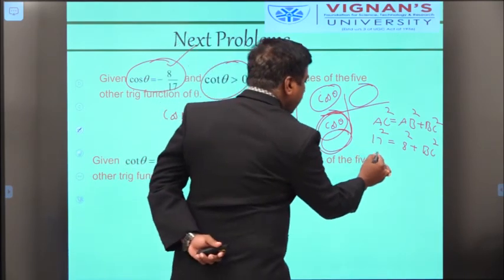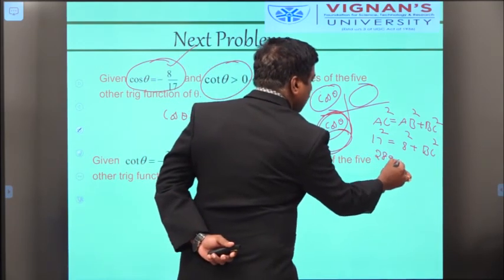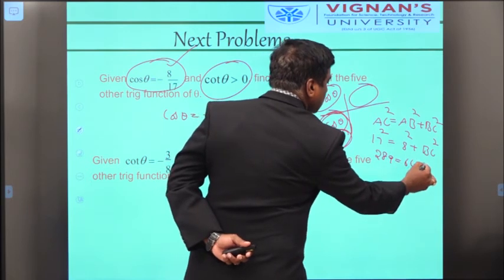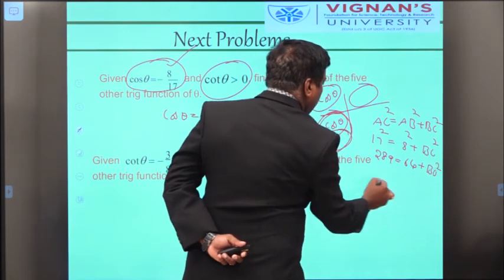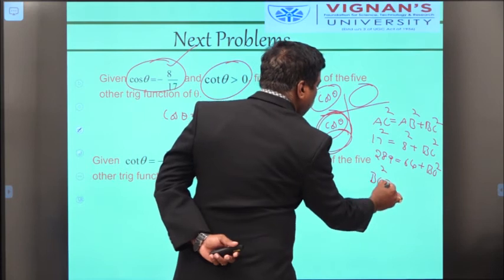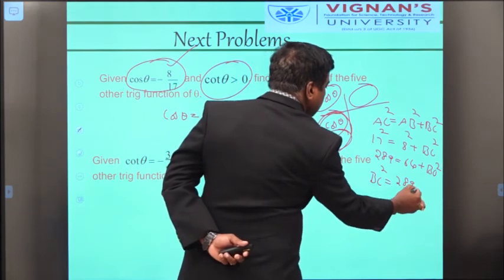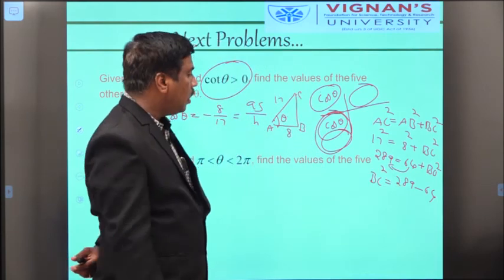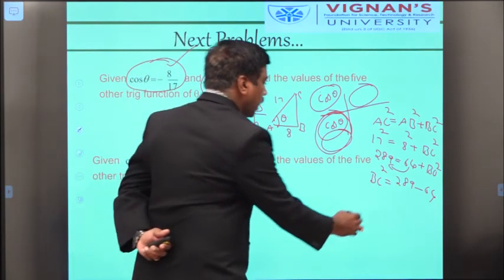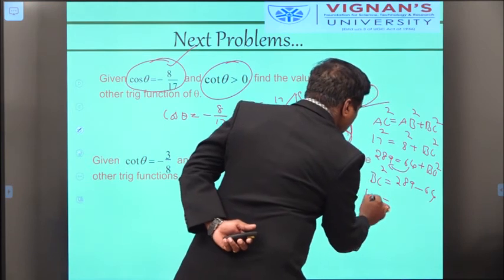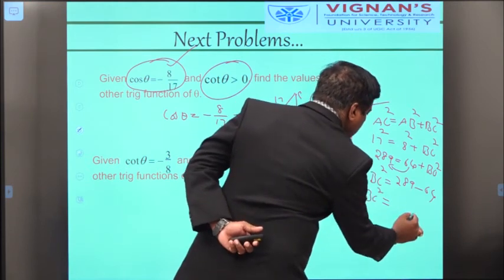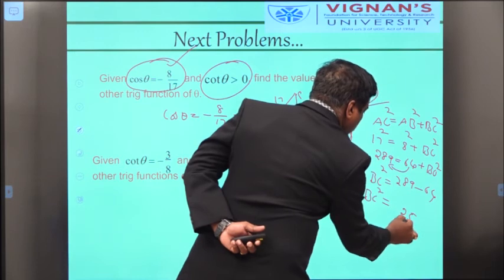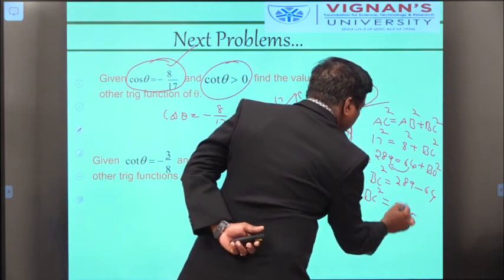Therefore, 17 square, that is 289, is equal to 64 plus BC square. Therefore, BC square is equal to 289 minus 64. I bring this 64 to the left hand side, then we get 289 minus 64, which is 225.